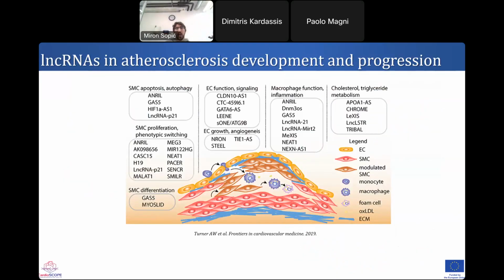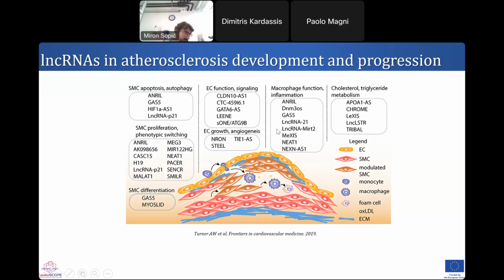Again, when it comes to the role of long non-coding RNAs in atherosclerosis, numerous long non-coding RNAs have been described so far. You will find some of them in different parts of the story. For example, for ANRIL, we know that it regulates smooth muscle cells and inflammation.